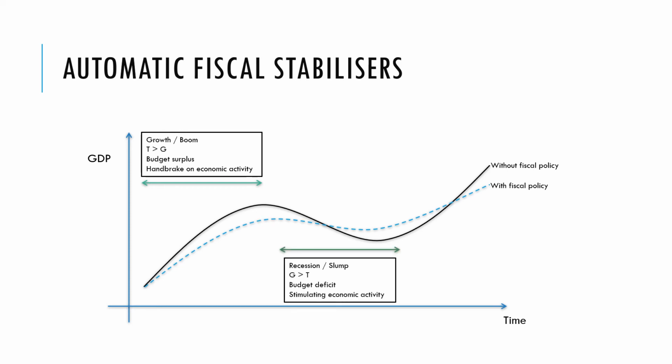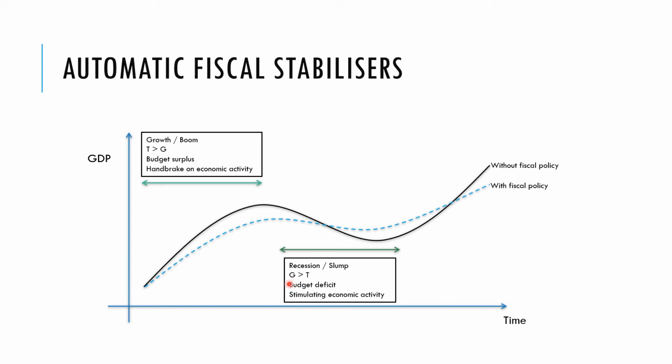In periods of recession or slump, then the idea would be that the surplus that's been accumulated over here could then be used to increase government spending, and government spending would be rising because we need to pay more unemployment benefits, maybe more of a fiscal stimulus to help the economy recover, and also taxes would be falling as people lose their jobs, as incomes and profits go down, tax revenues will be falling.